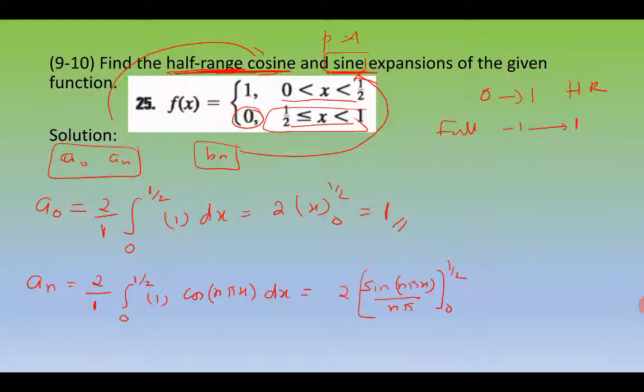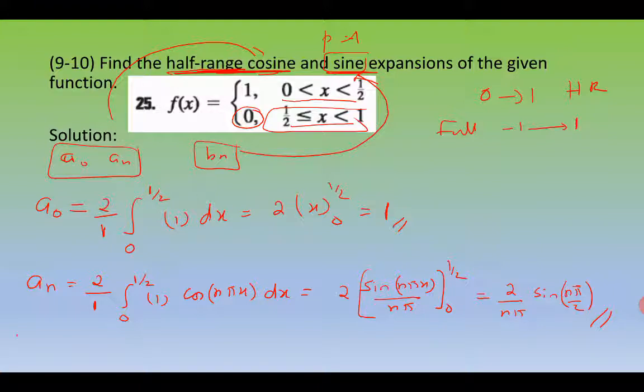The 2 is outside. When you substitute the upper and lower limits, 2 sine n pi by 2, so 2 over n pi. When you substitute the upper limit, it will be sine n pi by 2. The lower limit will be 0. So this is An.